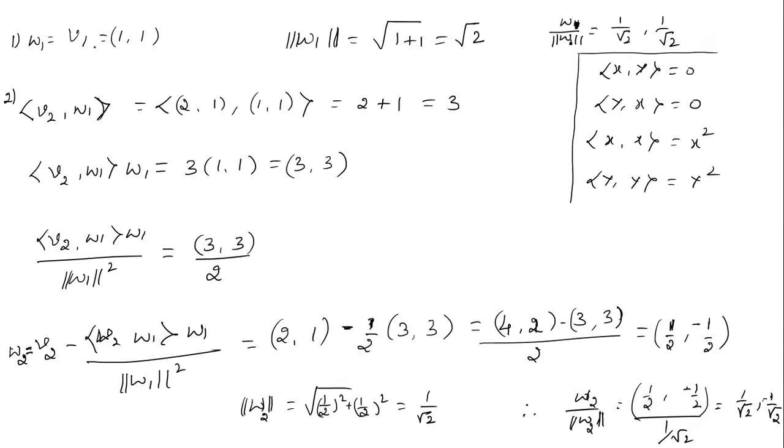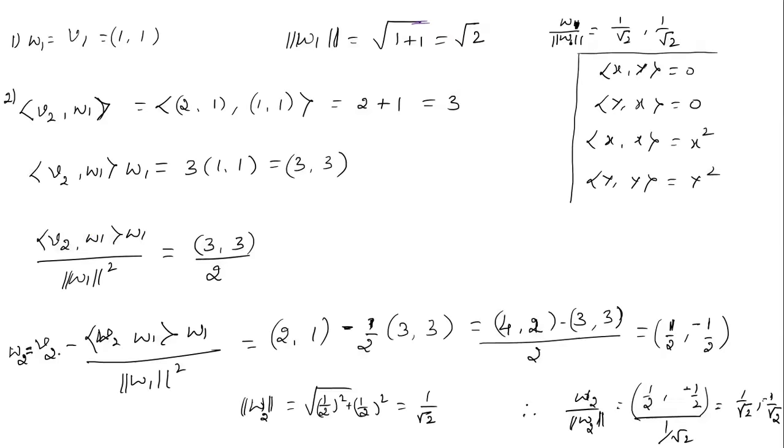Here W1 is equal to V1, which is (1, 1). Norm of this is square root of 1 square plus 1 square, which means root 2. W1 divided by norm of W1 is (1 by root 2, 1 by root 2).